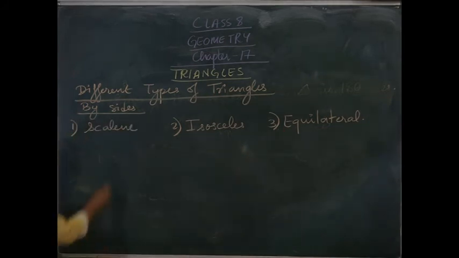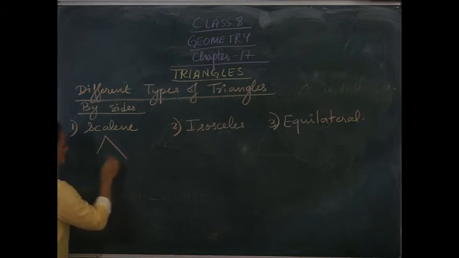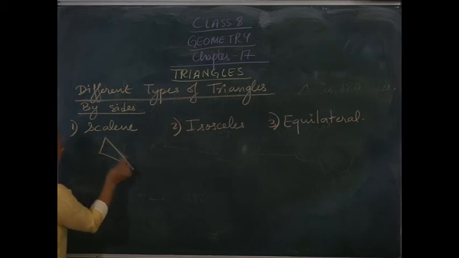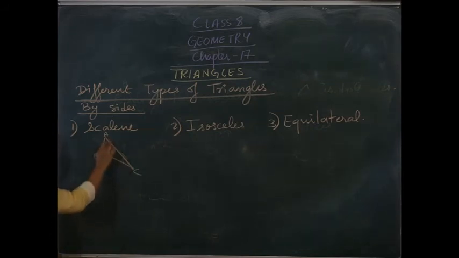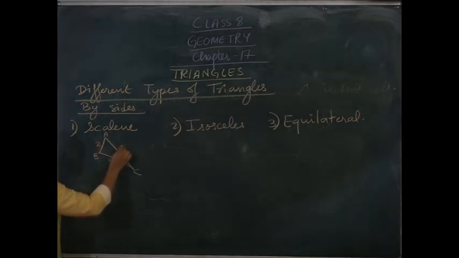Now, how do we classify them? Scalene has none of the sides equal. As you can see, the sides AB, BC and AC are not equal. Let's take an example. Let AB be 2 units, BC be 4 units and AC be 5 units.